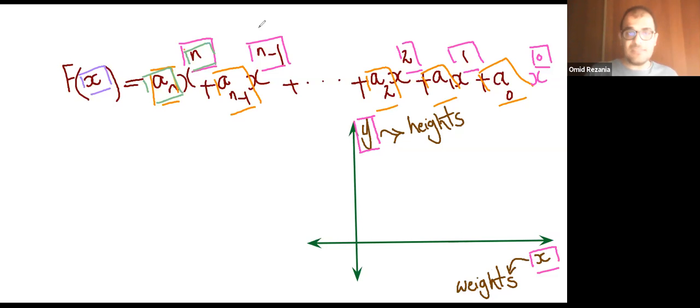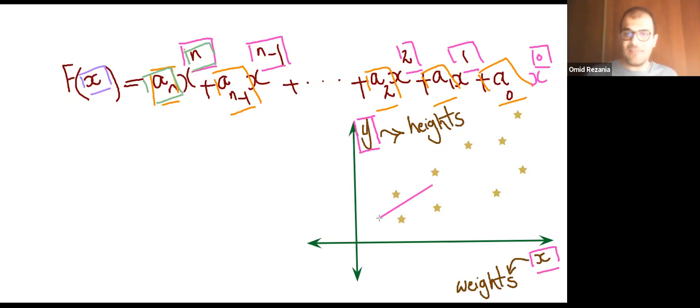I drew the points as stars, and each star defines a point. We try to fit polynomials to these points scattered on the Cartesian coordinates.